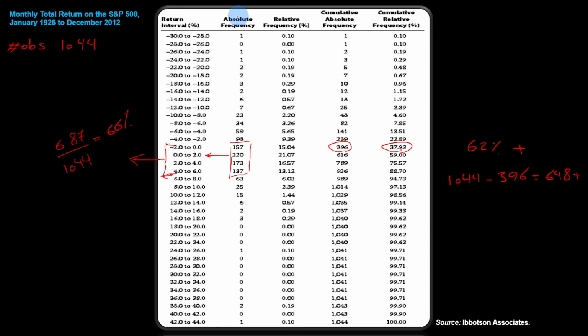And one more thing when we are looking at the absolute frequency, like I said before: when we pass the 12% from here onwards, we don't have many returns, and the other way, anything less than minus 12, we don't have many returns either. So not many returns less than minus 12, not many returns more than 12%, right?